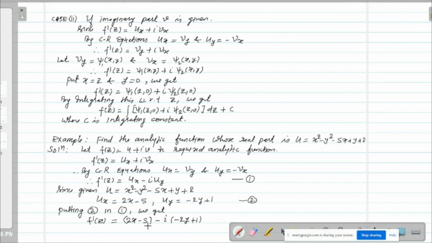Now we will use the Milne-Thompson method. Let us move to the next page, then we will apply the Milne-Thompson method.